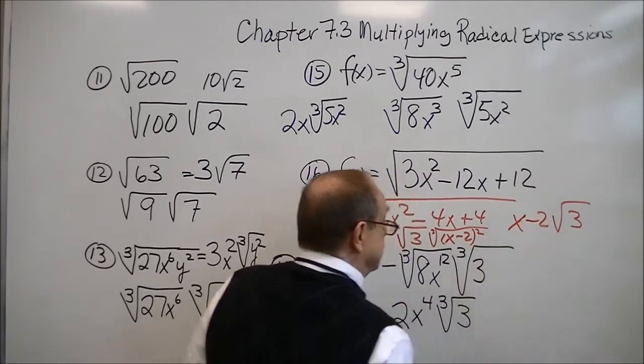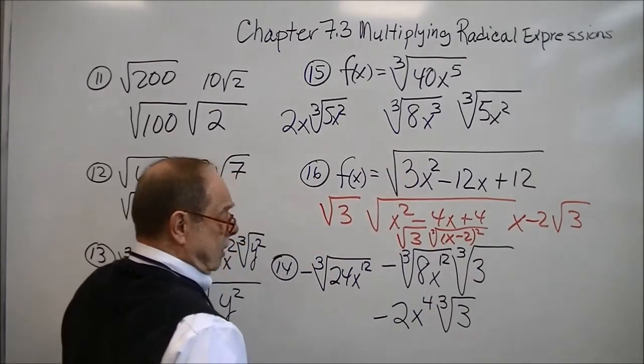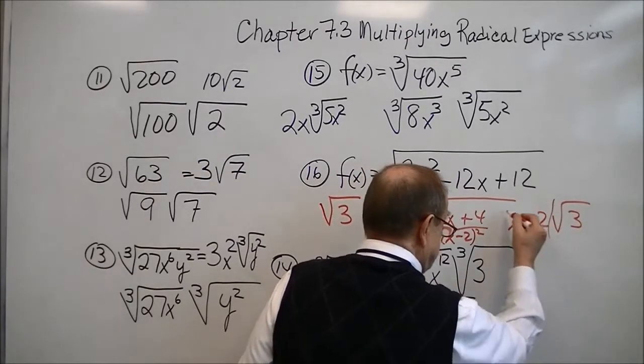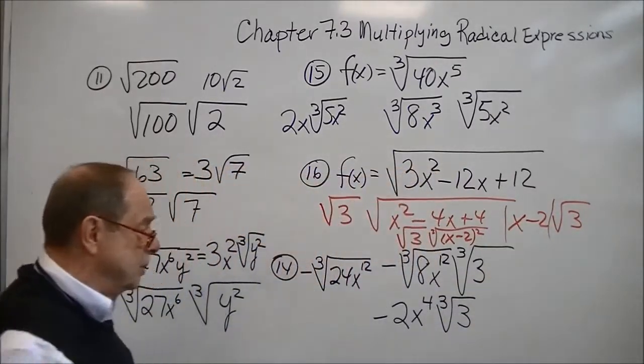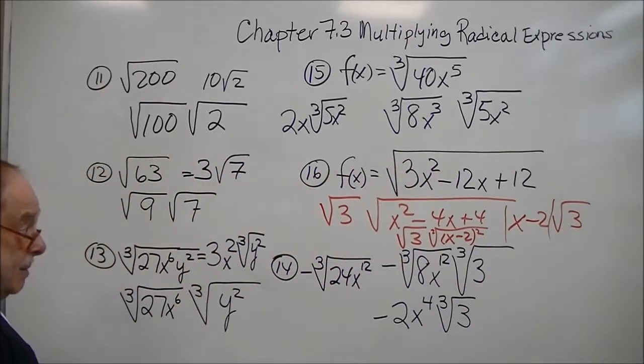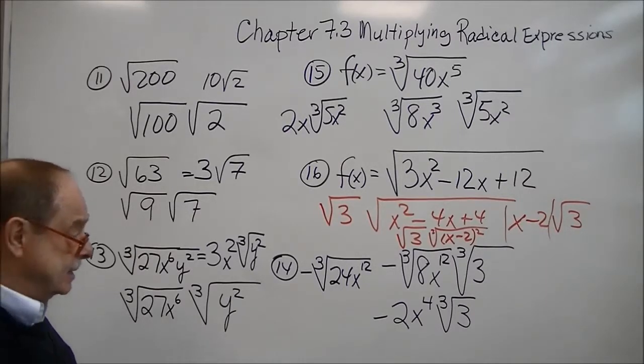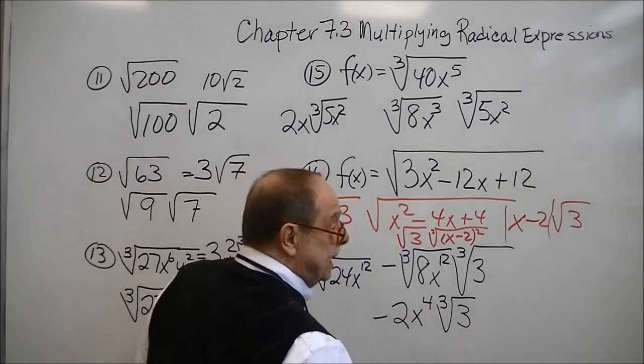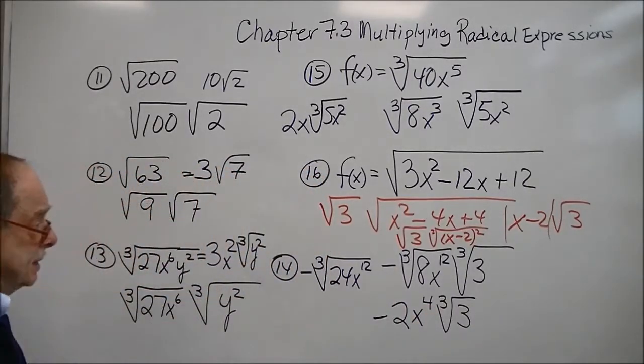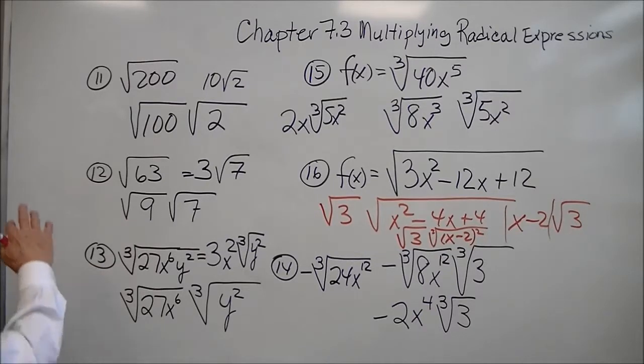Now, keep in mind that we could put absolute values around that to really make it super correct, because that could have possibly have been a negative somewhere in there that made it what it is. Okay, so 11 through 16.